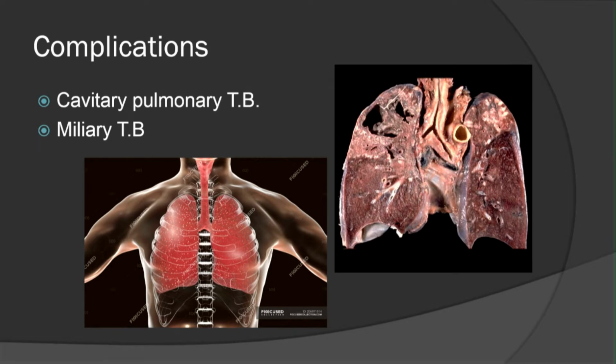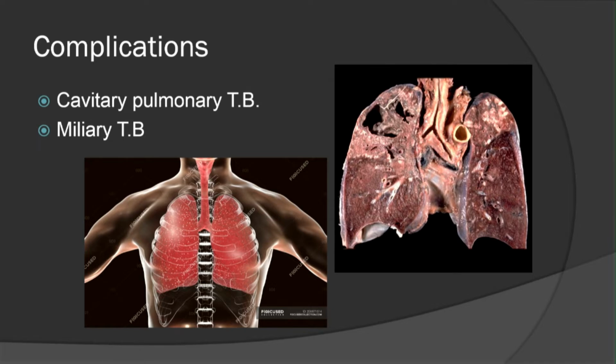In addition, it is more risky, and it increases the mortality and morbidity of the disease, because through this cavitation the mycobacterium, through blood supply or hematogenous spread, might spread to other organs of the body and other organs of the respiratory system as well.